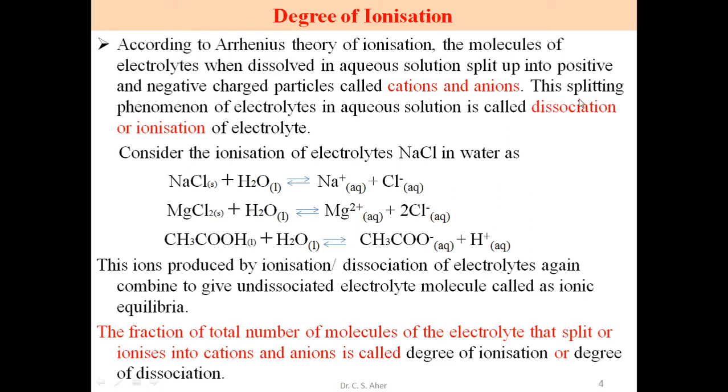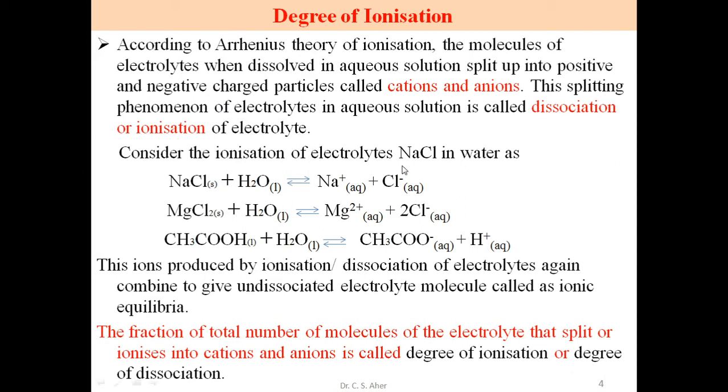This splitting phenomenon of an electrolyte in aqueous solution is called dissociation or ionization of that electrolyte. So this dissociation or ionization is the phenomenon that produces cations and anions.